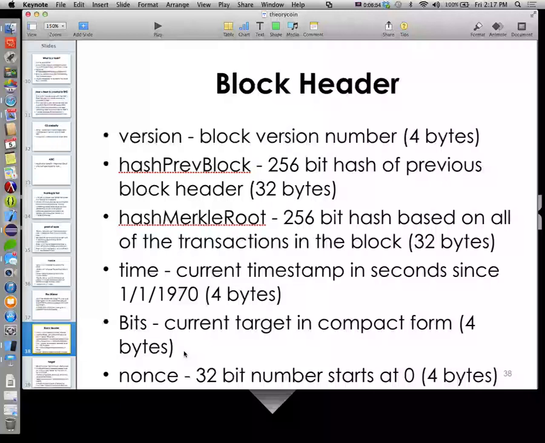Now, what keeps us from having more than one person doing the same guess? Estimate. So if we're all mining, and let's say we're all the exact same speed, randomly, right?